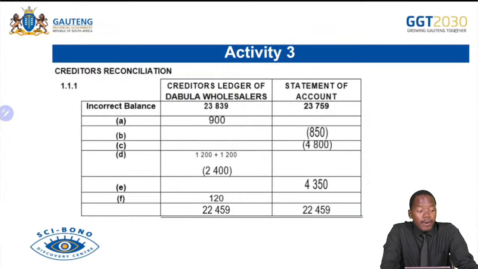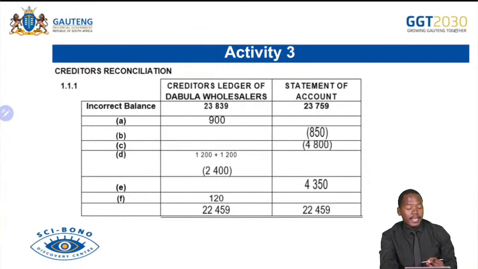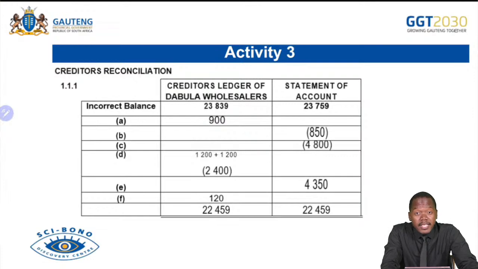There's an invoice that was not recorded by the statement because it has closed already. So we need to update the statement balance. So it is a plus. And then the 120, remember, if you go to your statement received, you will see there is an interest on overdue. Please, grade 12s, don't miss those items. Interest on overdue. If you do your bank reconciliation, do not mix your debit order, your bank charges, your interest on favorable or unfavorable balance.